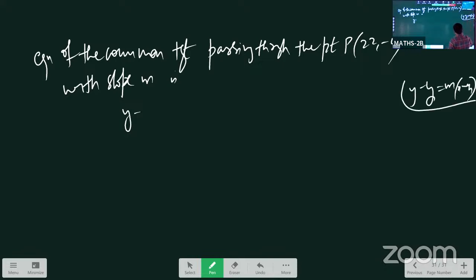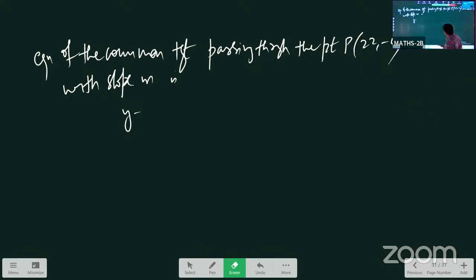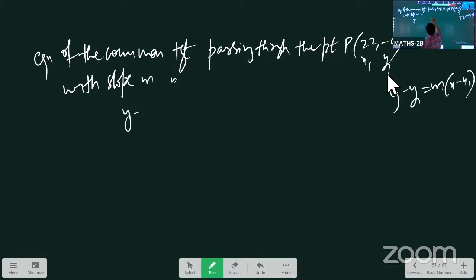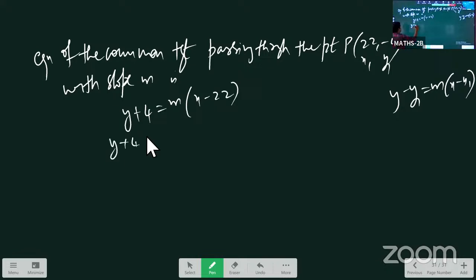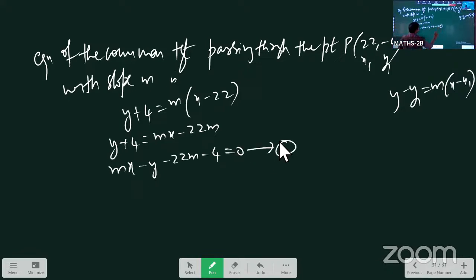When you know the point and slope, this is the formula you use to find the line equation. In this case, this is your x1, y1. So y plus 4, slope m, x minus 22. That is y plus 4 equal to mx minus 22m. Rearranging the terms: mx minus y minus 22m minus 4 equal to 0. This I will put as equation 1.